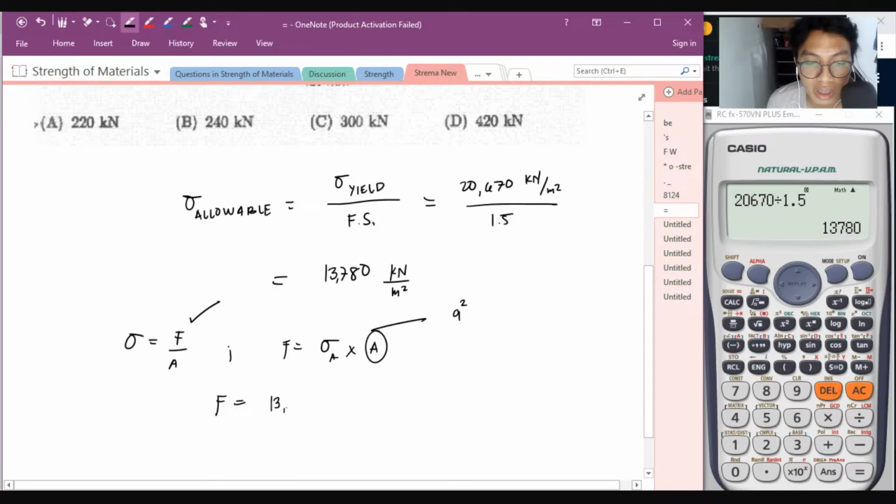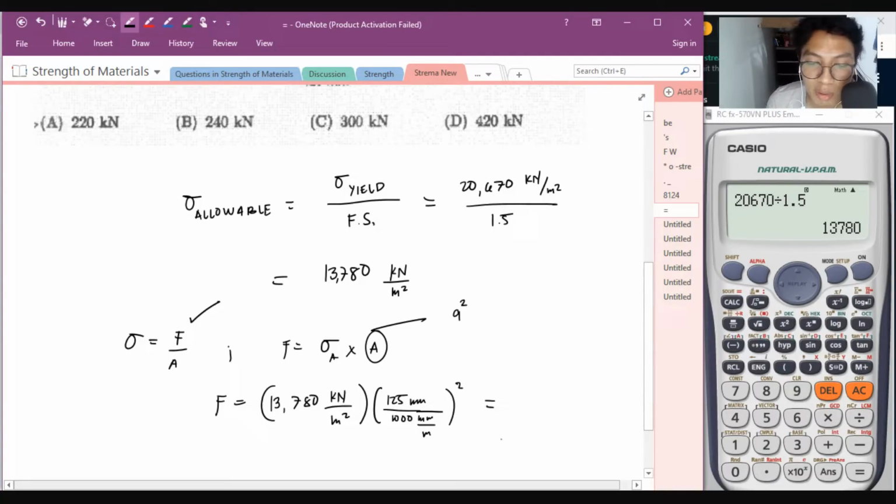So, 13,780 kilonewton per meter squared multiplied to area. So, 125. Divide ko na agad. So, 125 mm divide by 1,000 millimeter per meter. Matitira meter dyan. Square natin yung value.